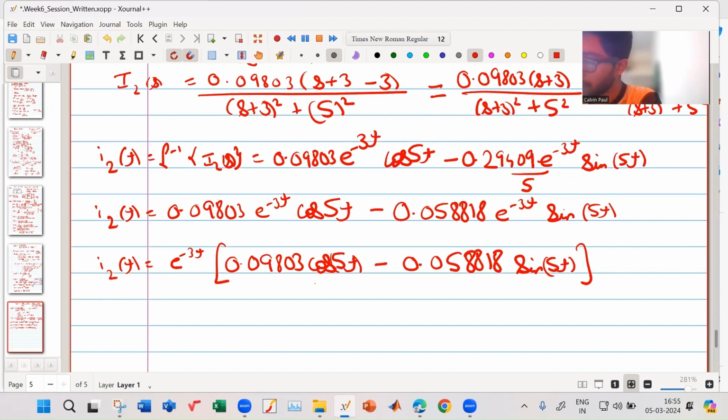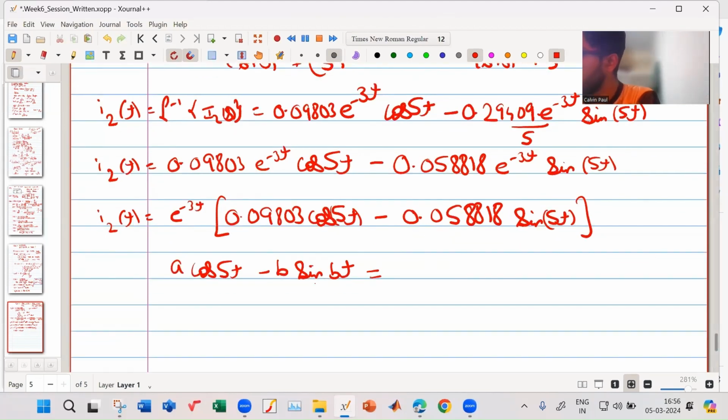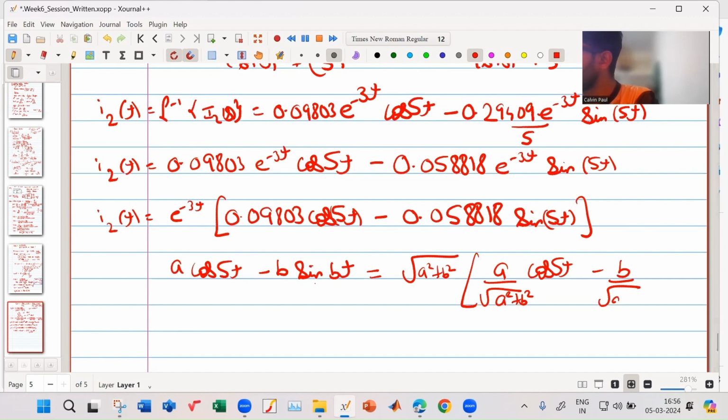If you have a into cos of phi t minus b into sine of phi t, it is of this type. So we will write this as square root of a square plus b square into a upon square root of a square plus b square cos phi t minus b upon square root of a square plus b square into sine of phi t.